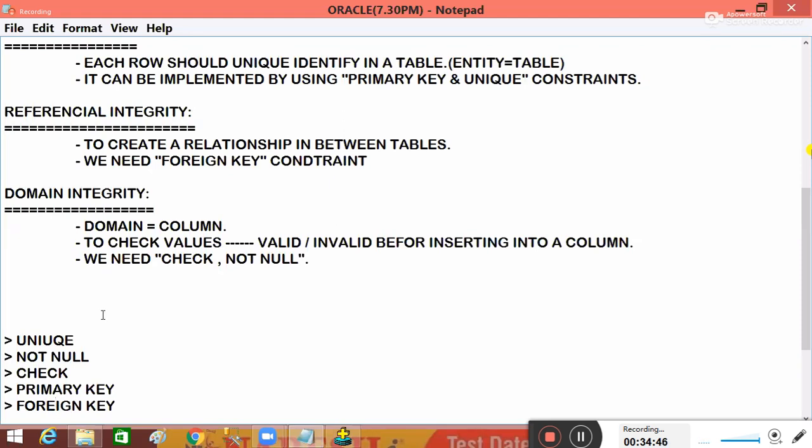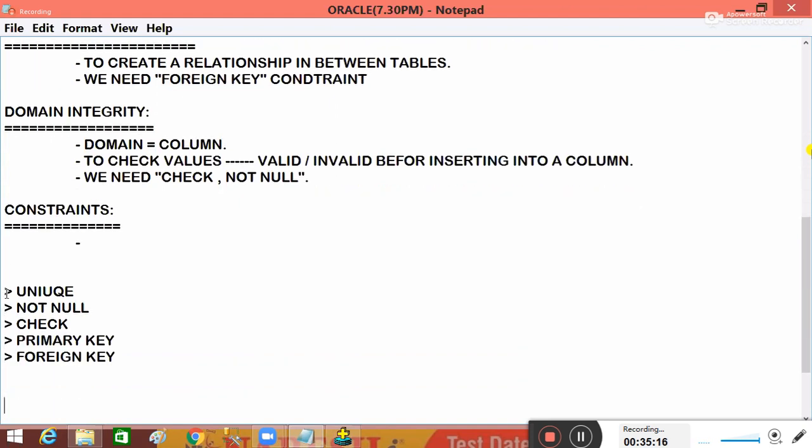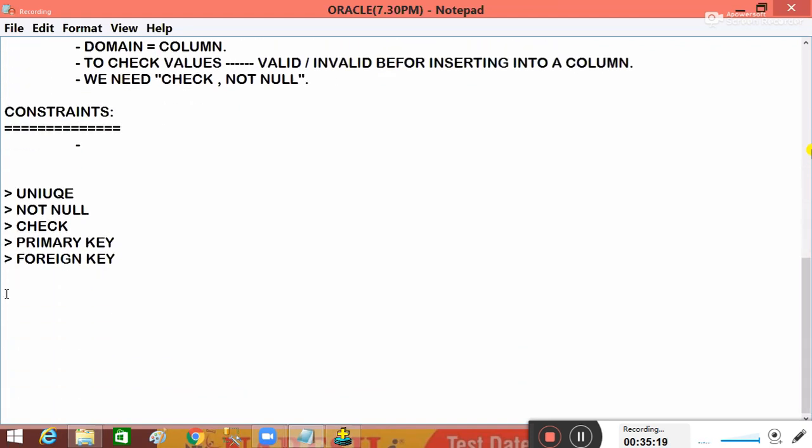These are the total 5 constraints, and they are called constraints. But what is the main purpose, aim and target of these 5 constraints?